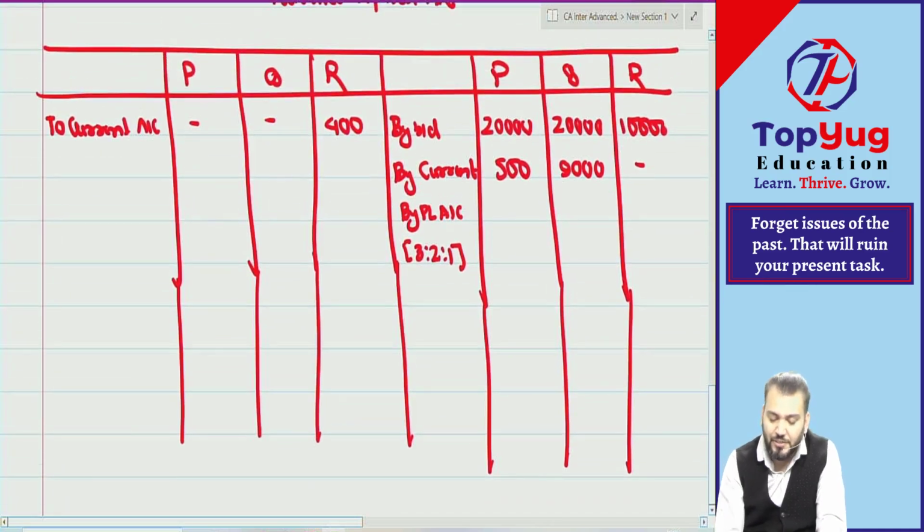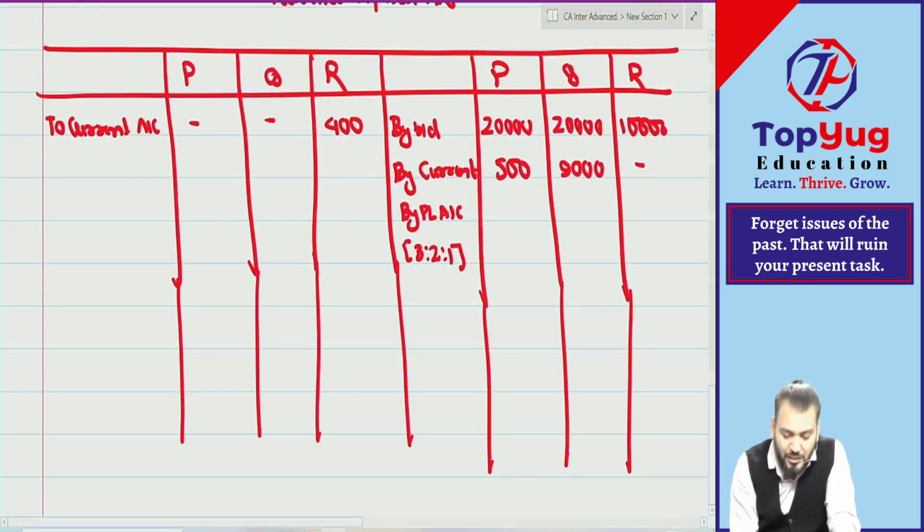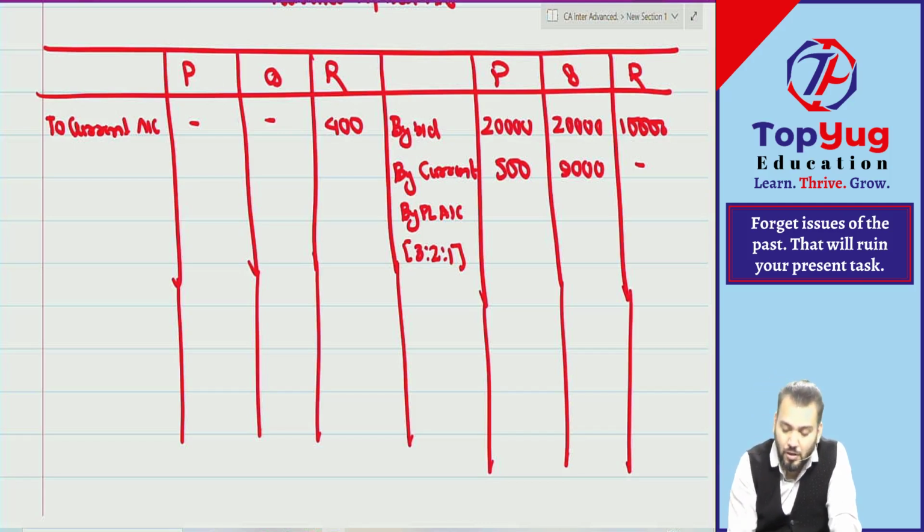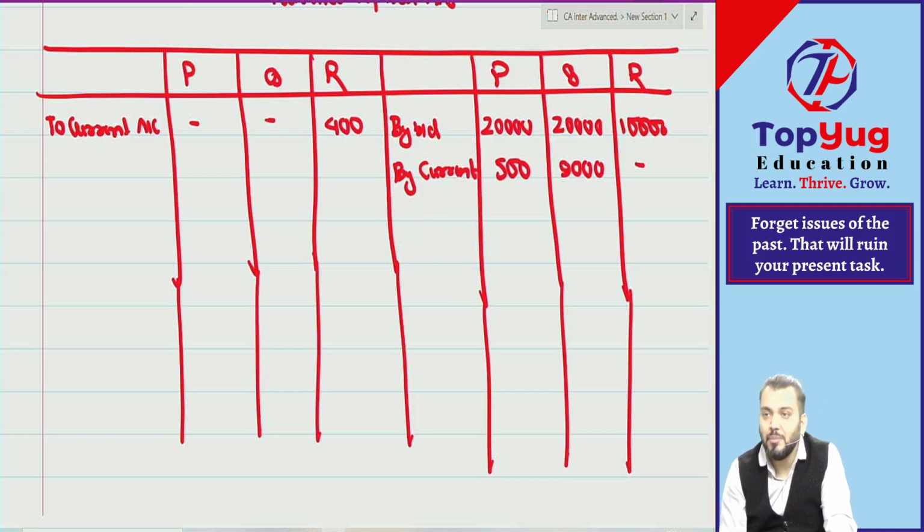Whether I am doing correct? I have written by PL. But is that correct? It is a PL account debit balance. Is it correct or wrong? I was just checking you.